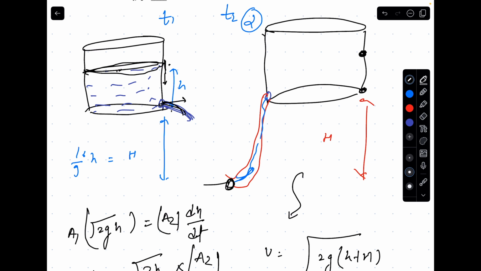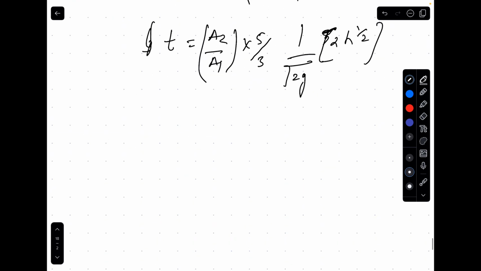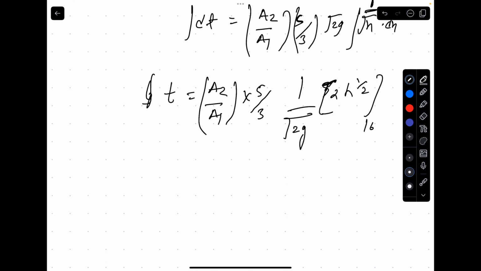Of course, due to the negative sign that will change, so I am directly putting it from h, which is 16 by 9 h to 25 by 9 h. So this is 16 by 9 h to 25 by 9 h.